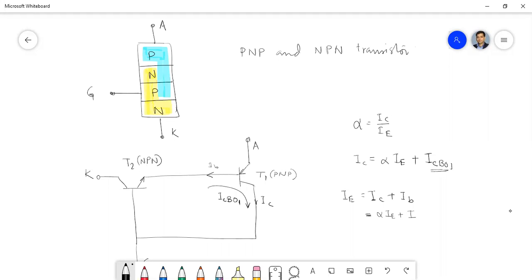Yes, now it is okay. Now IE equals IC plus IB, so IB equals 1 minus alpha IE. That is another identity.